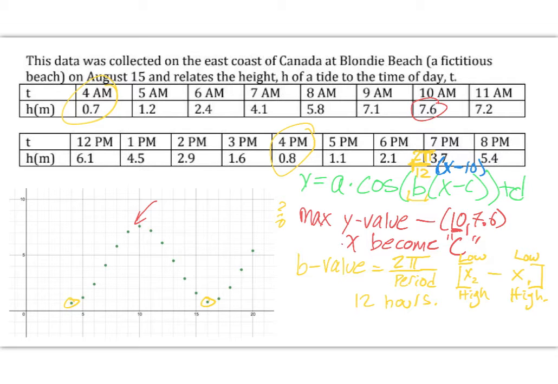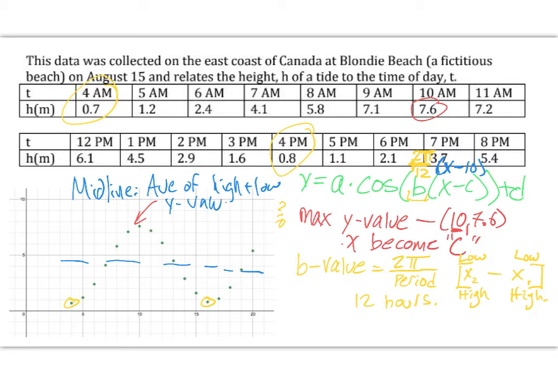All right, to get some of the other stuff, we know that the midline has got to be in the middle of our graph. So I'm going to think about the midline as the average of the highest and lowest. And now I'm talking about y values. So we've got the lowest of 0.7.